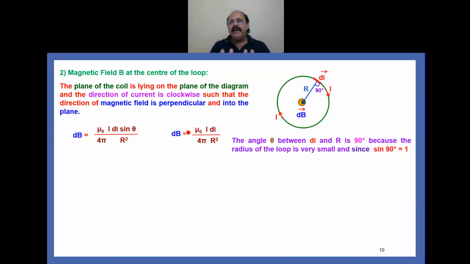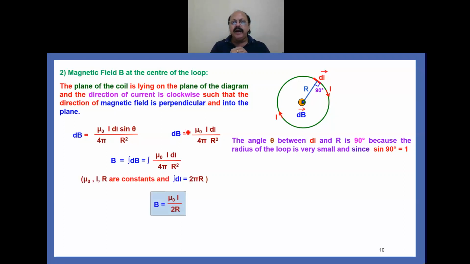Now a lot of current elements are there. So we will find the total magnetic field at the center of the current carrying loop by integrating the length element. So B equals integral dB equals integral mu naught upon 4 pi I dl upon r square. Mu naught I upon 4 pi r square you take outside, then integral dl is left, and integral dl is 2 pi r, the length of the current carrying loop.